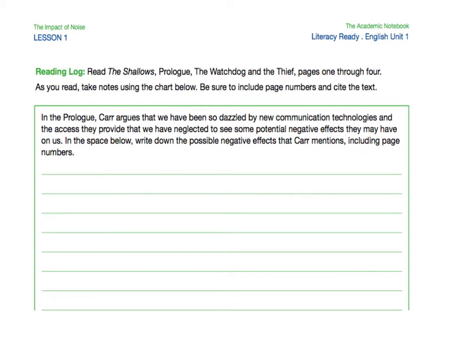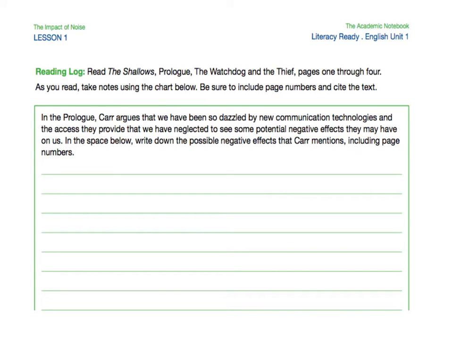So you'll notice that the directions ask them only to read the prologue, pages 1 through 4. So they're reading a short bit of text. This is just an introductory piece to get them used to the reading log. As students read, they should take notes using the chart and be sure to include page numbers and cite the text. So let's just read through what the prompt is asking them to do.